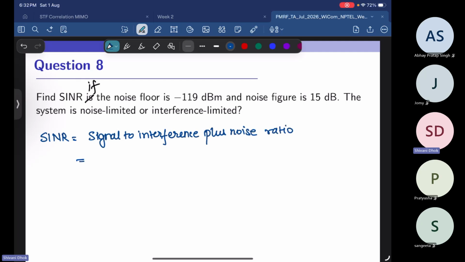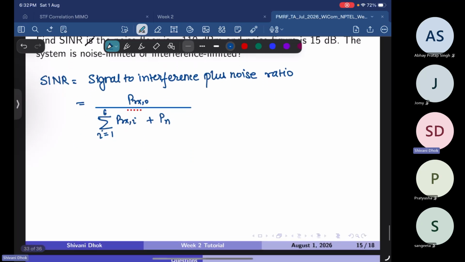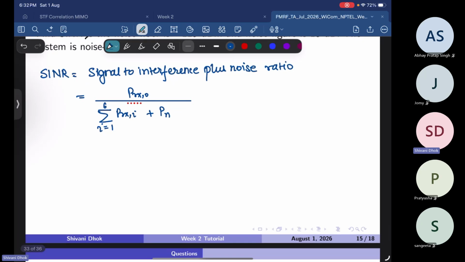So this is equal to your received power from the current base station or actual desired base station divided by your interference power, that is PRX I, plus your noise power. So this is your SINR. Okay, and we want to find out this, and this PN is basically your noise power.